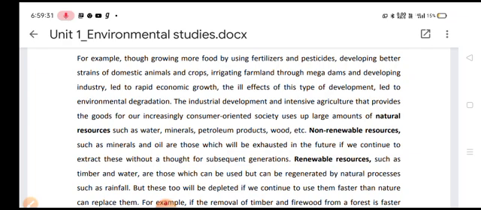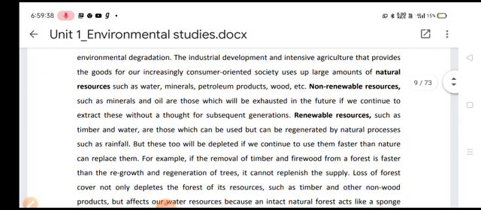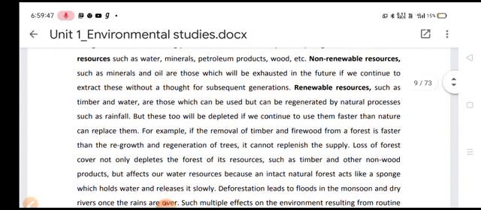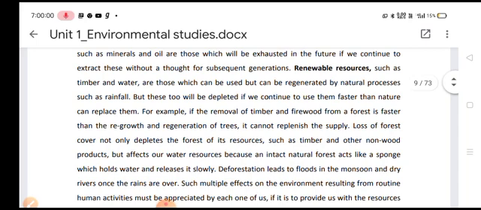led to environmental degradation. The industrial development and intense agriculture that provides the goods for our increasingly consumer-oriented society use up large amounts of natural resources such as water, minerals, petroleum products, wood, etc. Non-renewable resources such as minerals and oils are those which will be exhausted in the future if we continue to extract these without a thought for subsequent generations.